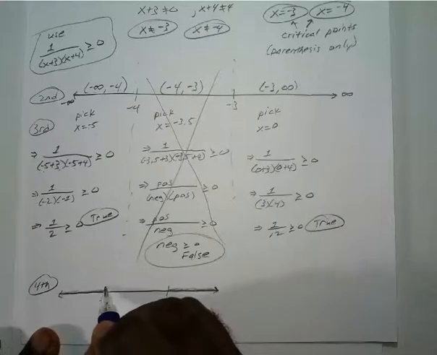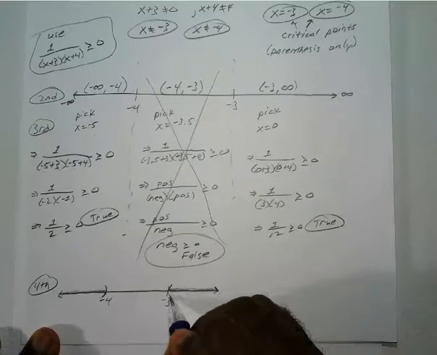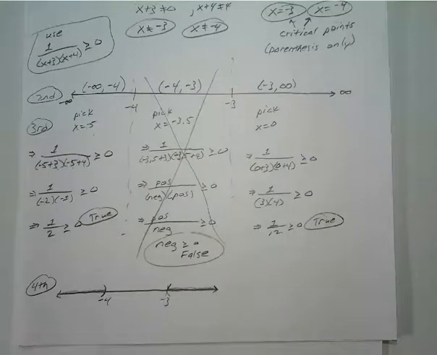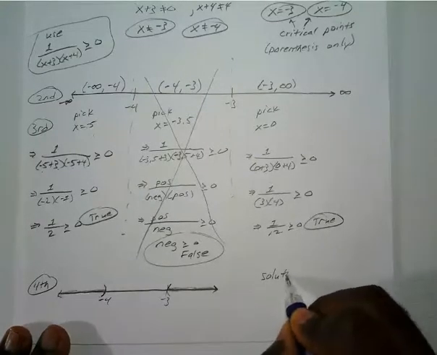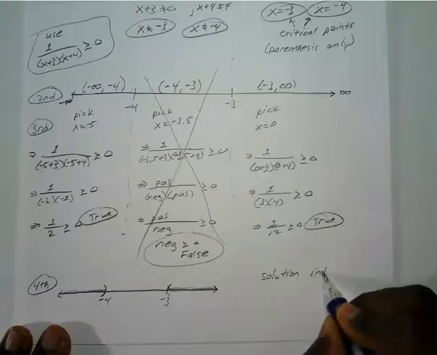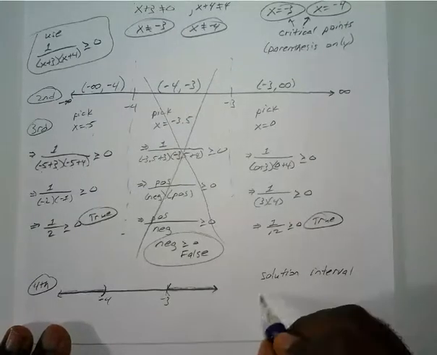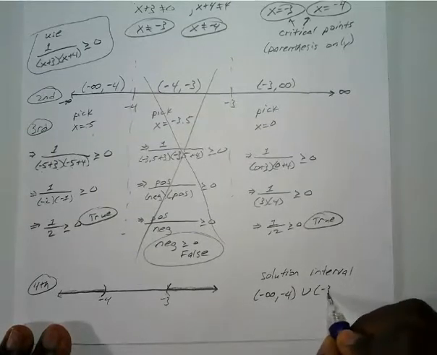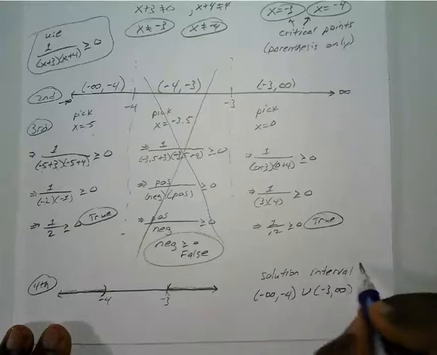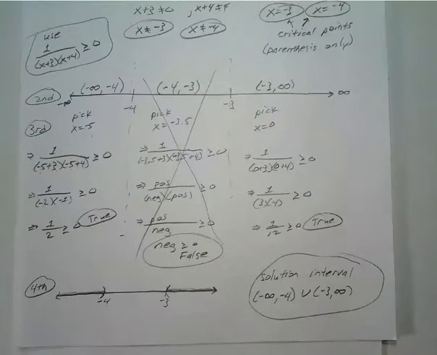Both of those will have parentheses. Our solution interval will be from -infinity to -4, or from -3 to +infinity. So that is our solution interval for that problem.